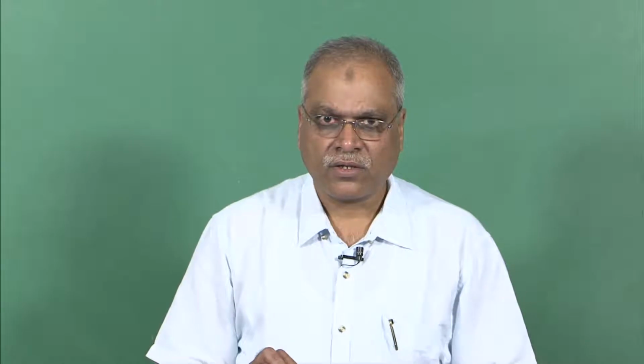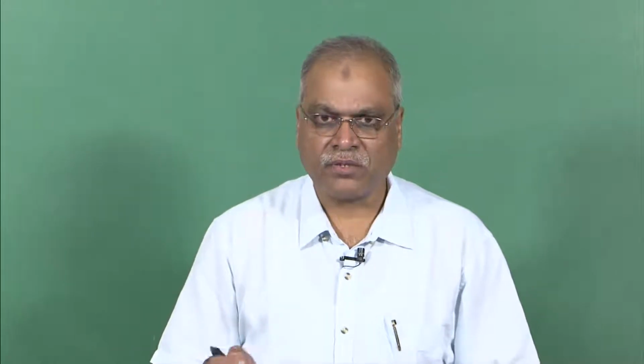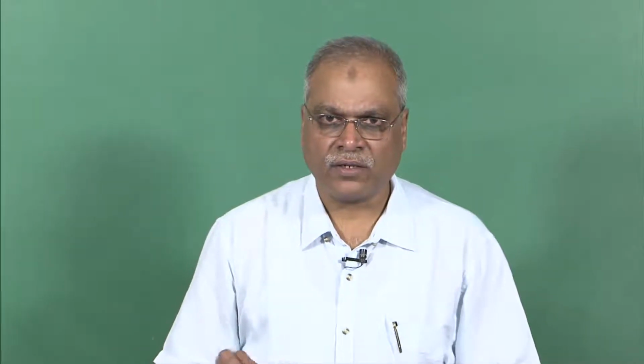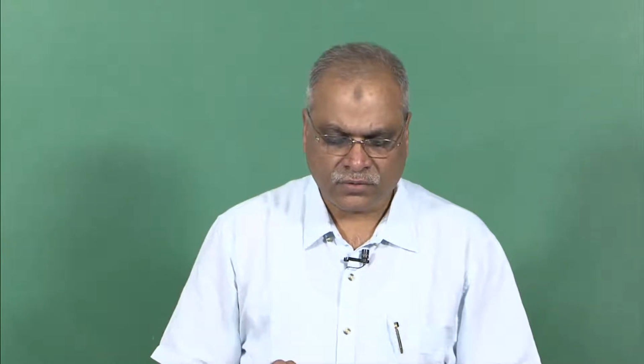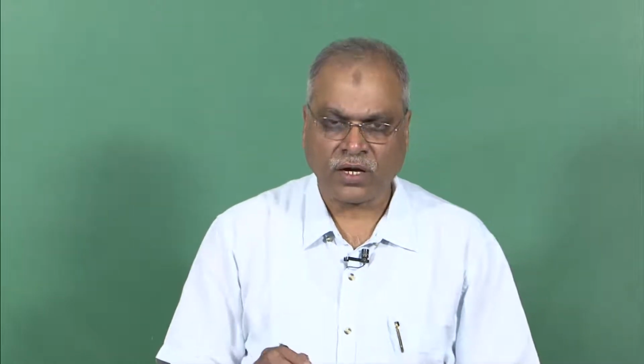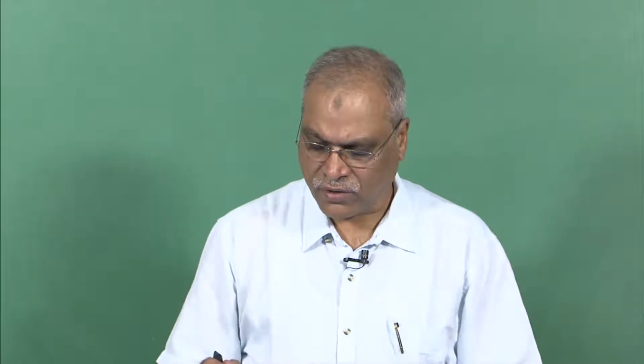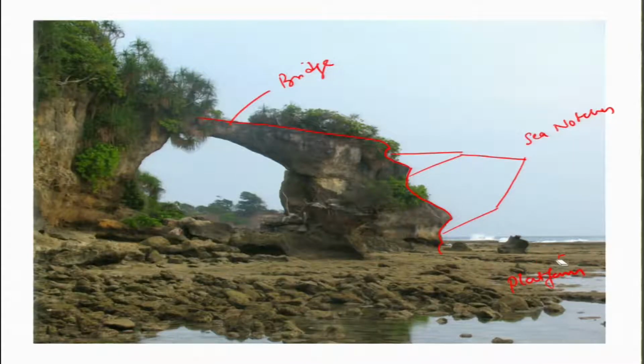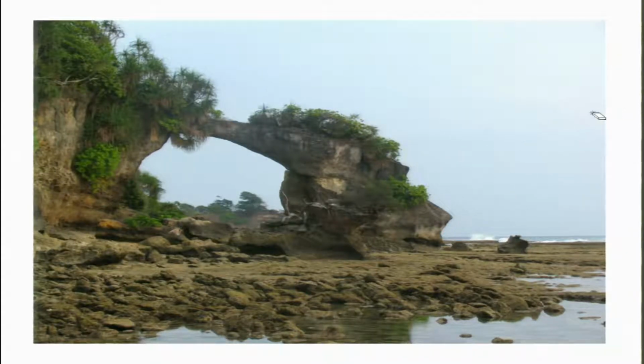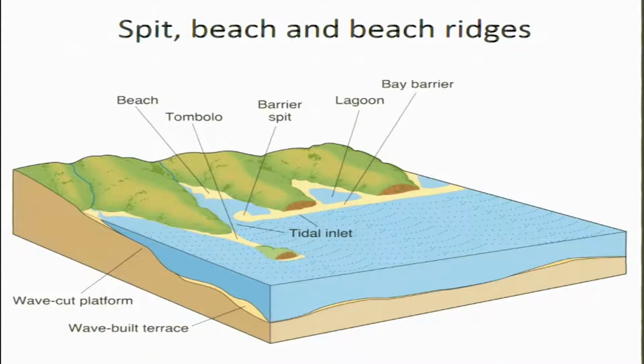You will not be able to see this where you have totally flat shorelines. You need rocky shorelines for having such features. So in some cases along the coastlines you may come across this, depending on the type of shoreline you are looking at.